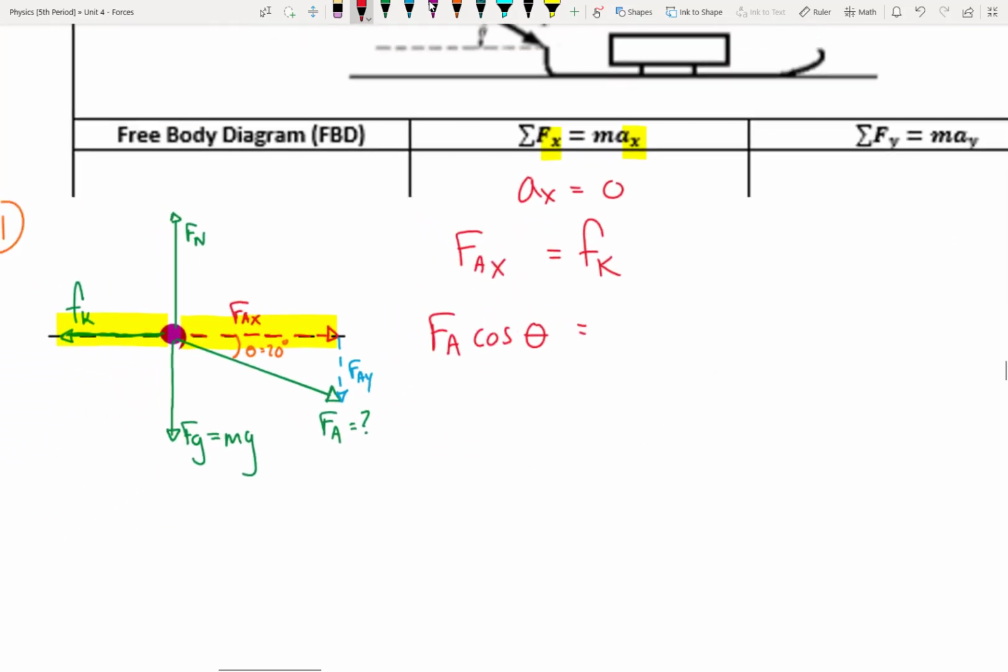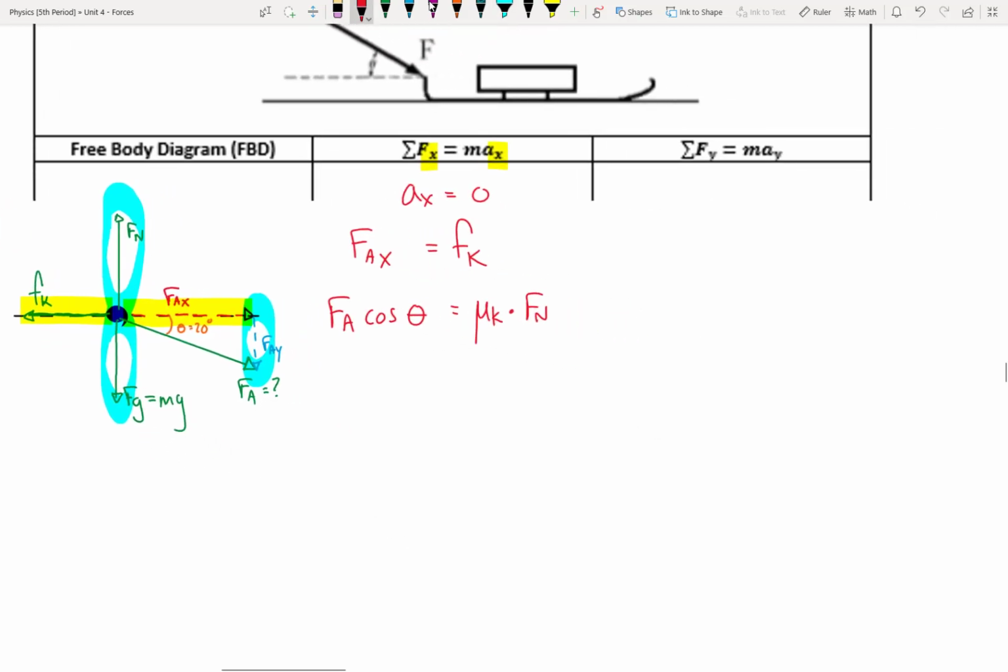So Fk, if I see Fk, I'm probably going to want to substitute in mu k times the normal force. Now notice our normal force is not equal to Fg, because if we look at the vertical direction, I've got a normal force as one force pointing up, and that needs to balance with Fg plus Fay pointing down. So you've got to be careful.